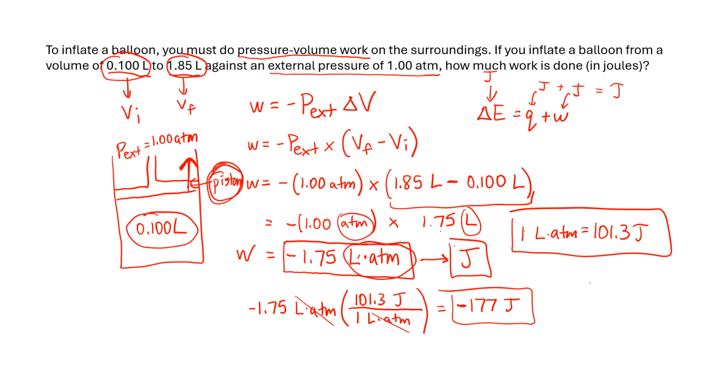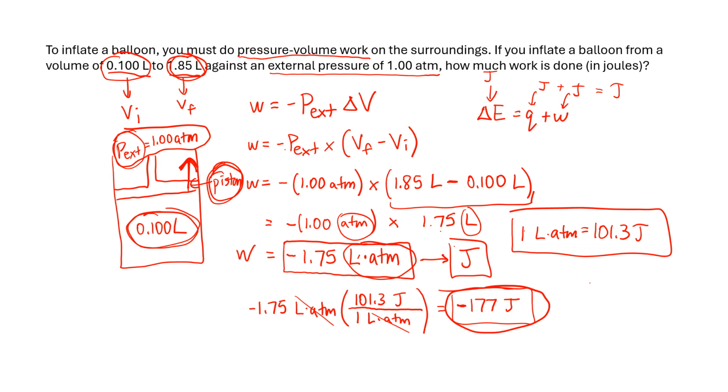But if we got to move the piston up, we need to do work on the surroundings because there's an external pressure we need to do work against. And how much work did we need to do against an external pressure to move the piston up from 0.100 liters to 1.85? If we wanted to expand the volume of this, we had to do this amount of work. 177 joules of energy needed to be provided to move the piston upward, right?